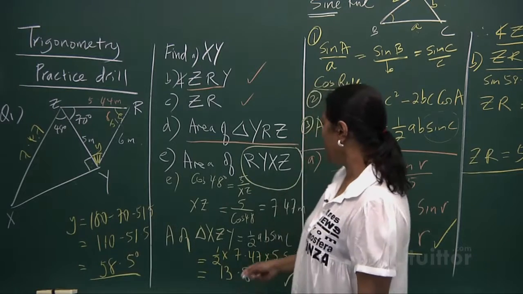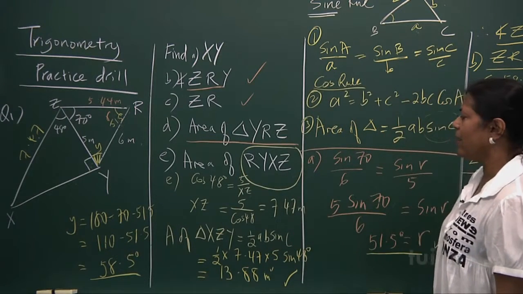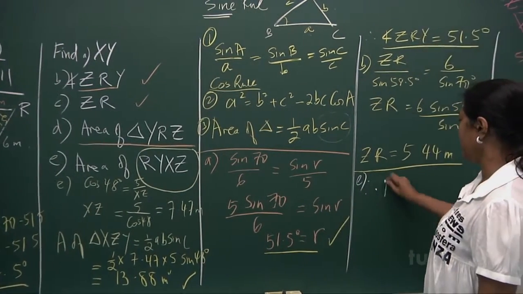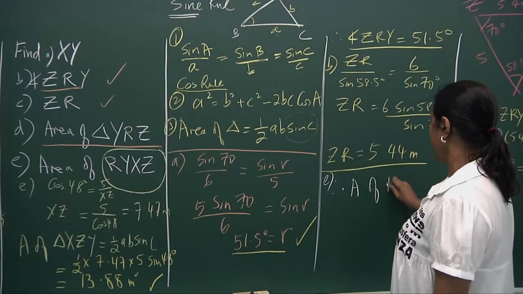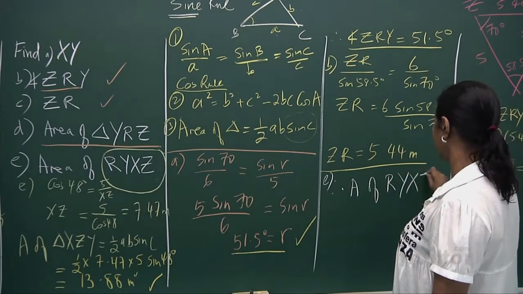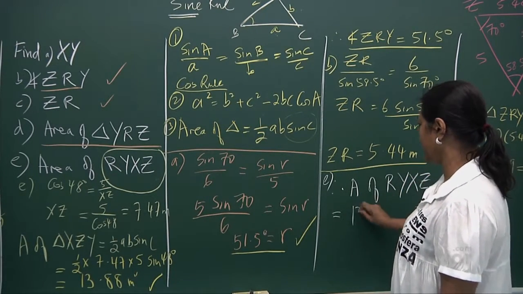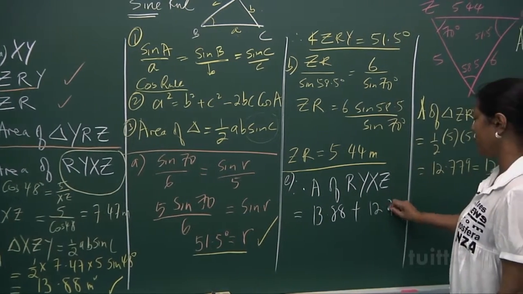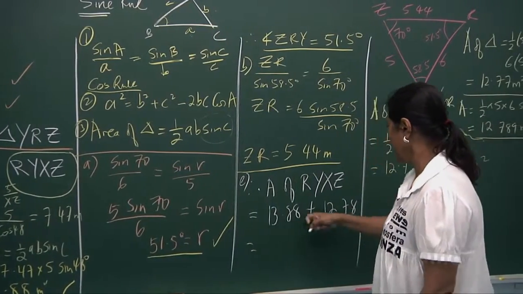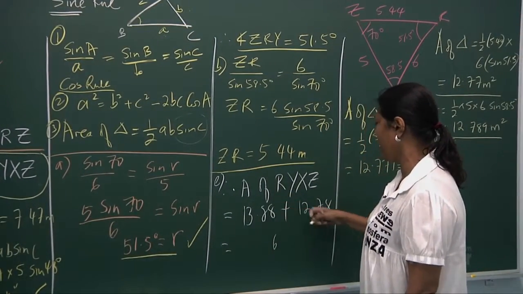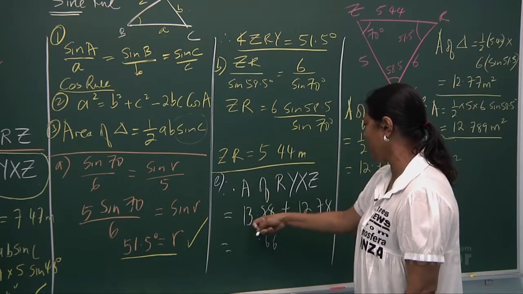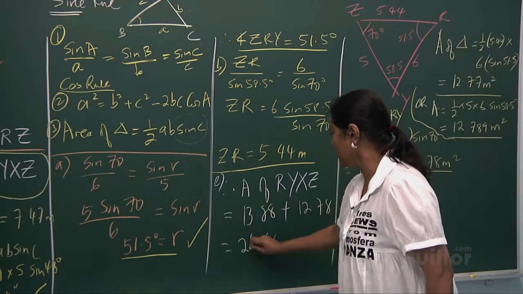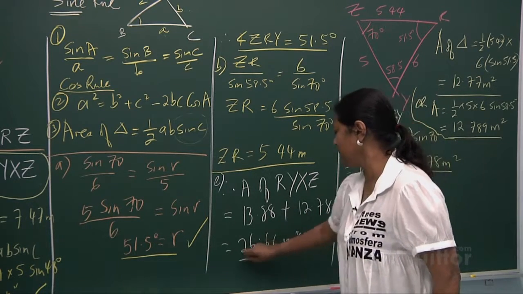So therefore, what will be the area of this? The area of the figure R, Y, X, Z will be this area, 13.88, plus this area, 12.78. 8 plus 8 is 16, carry 1, you get another 16, carry 1, 13 plus 12 is 25, plus 1, you get 26.66 meters squared.